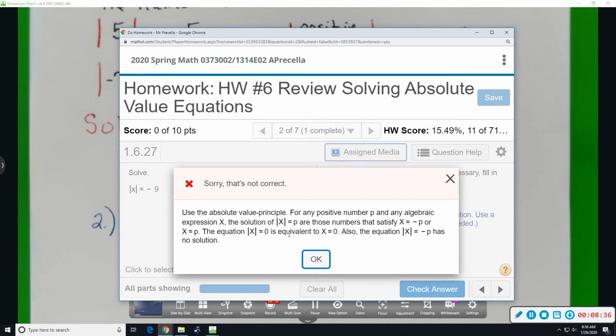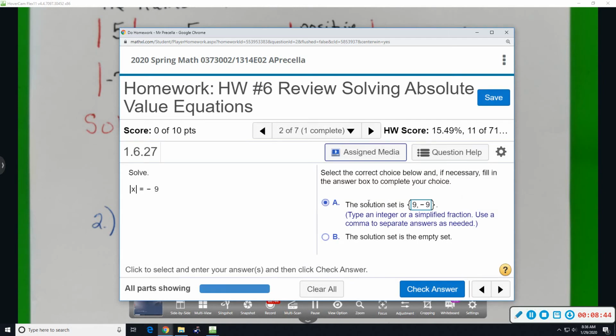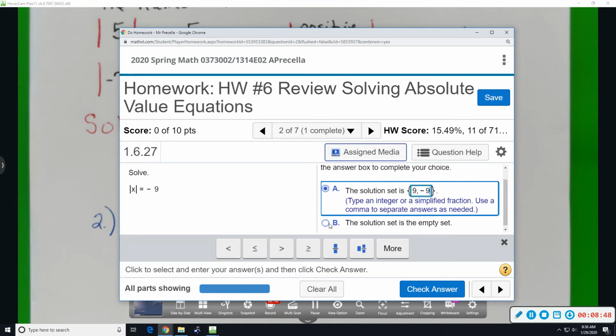Okay, so I thought maybe it was smart enough to say something like, hey, watch out, there's a negative number on the right, but it isn't. So on this one, you don't do that. You just click empty set. I put that negative 9 in just for illustration purposes, so you see what happens.